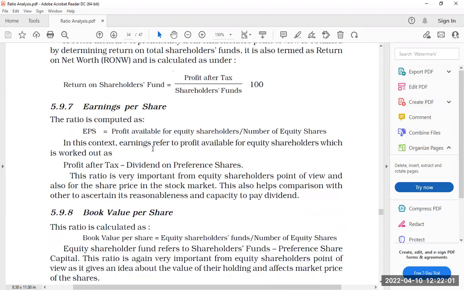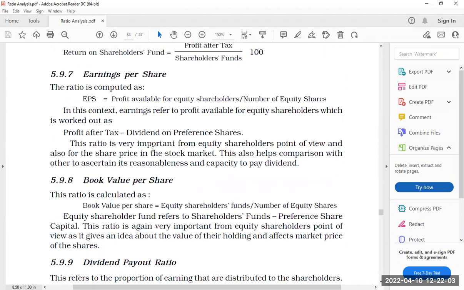Okay, this is very, very important concept, that is earning per share. What do you mean by earning per share? If I am a shareholder of this company, how much I am eligible to get as an earning from this company for each and every one share that I have in this company? How do you calculate?